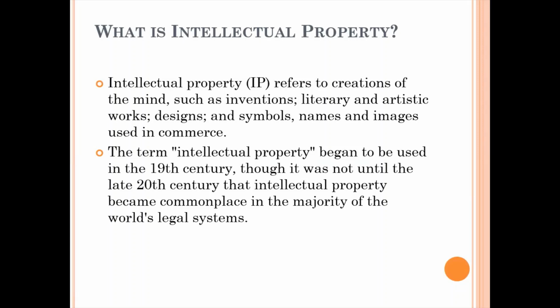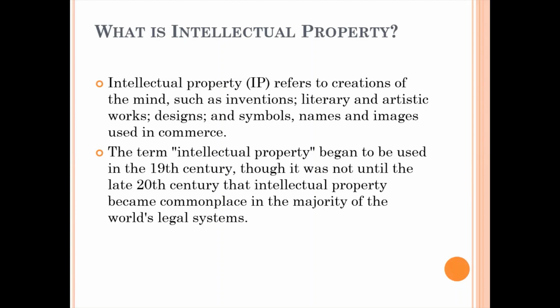The term intellectual property began to be used in the 19th century, though it was not until the late 20th century that intellectual property became commonplace in the majority of the world's legal systems. As any musical creations, any structures, any designs came into existence, the people wanted their patents and copyrights on that.